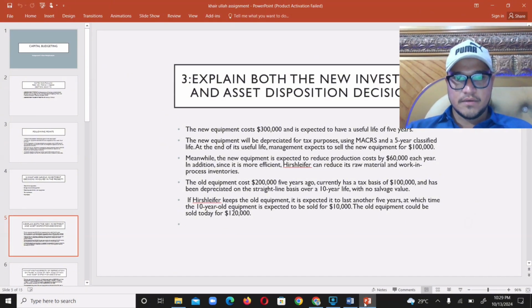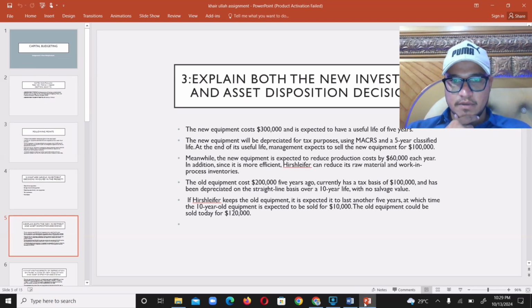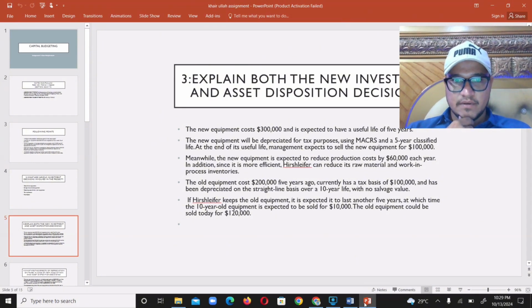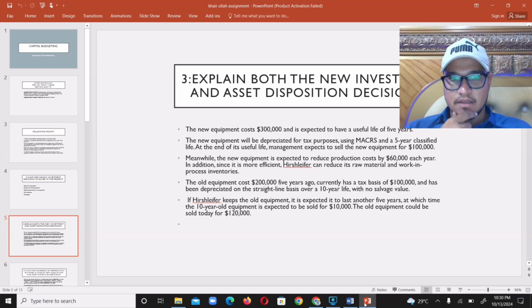The new equipment costs 3 lakhs and is expected to have useful life of 5 years. The new equipment will be depreciated for tax purposes using MACRS 5 years classified life. At the end of its useful life, management expects to sell the new equipment for 1 lakh.